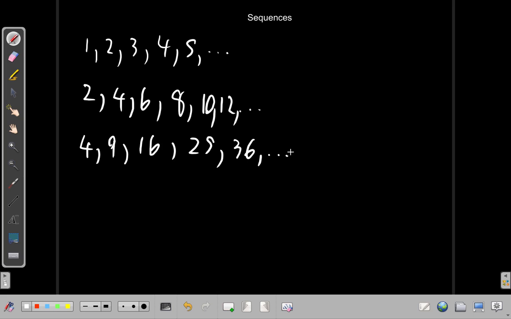So you have a list of numbers, right? And you have a certain function that generates the numbers. Now, these examples actually show the list of numbers. The function itself is another matter. Sometimes you might be given, or you see the list of numbers and you're asked to figure out what is the function that generates these numbers.